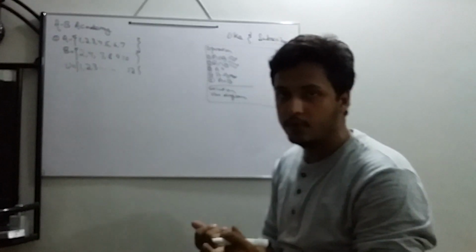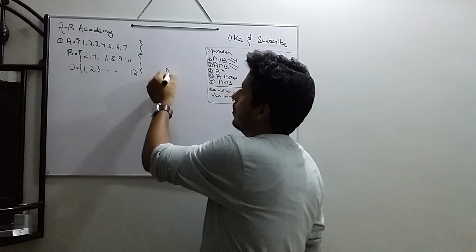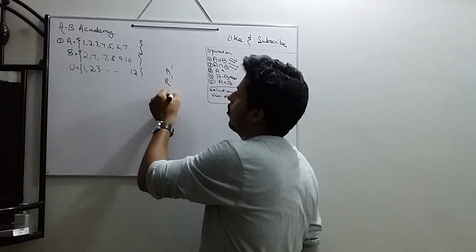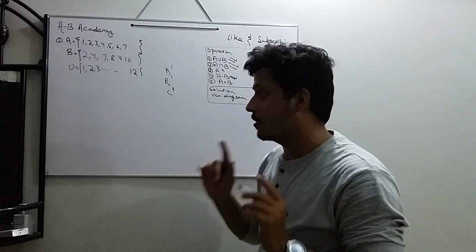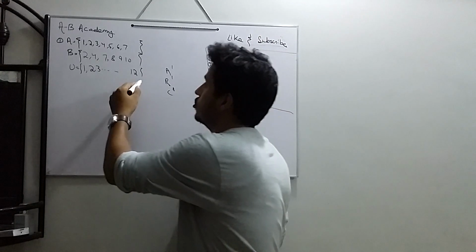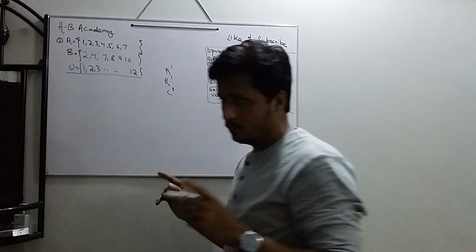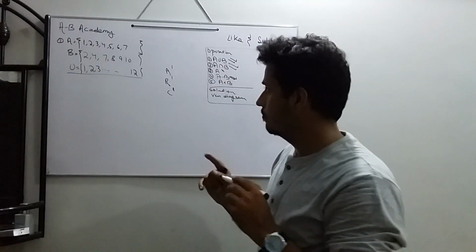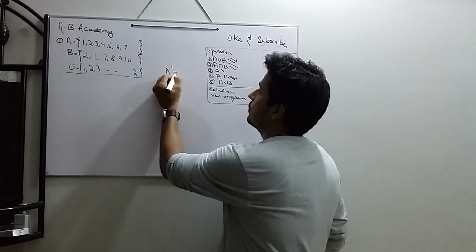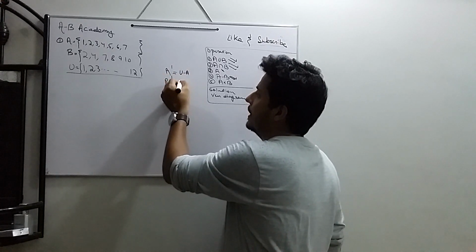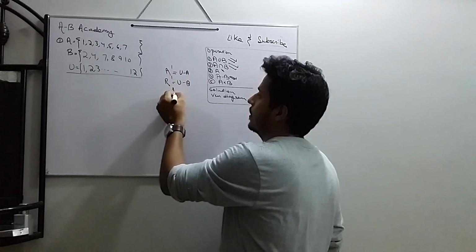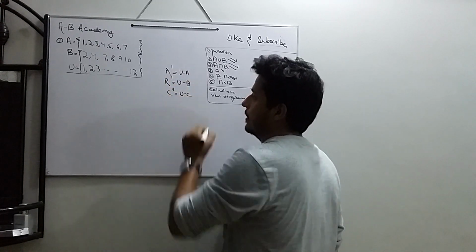If you see A complement, B complement, or any complement, there is a constant set which is U. A dash means U minus A, B dash means U minus B, C dash means U minus C.